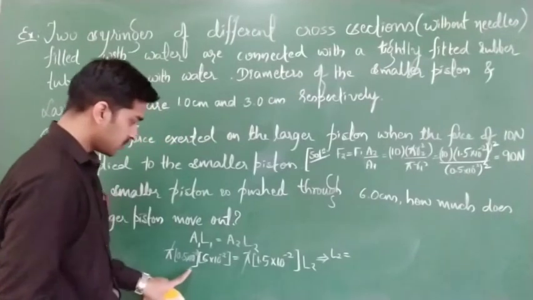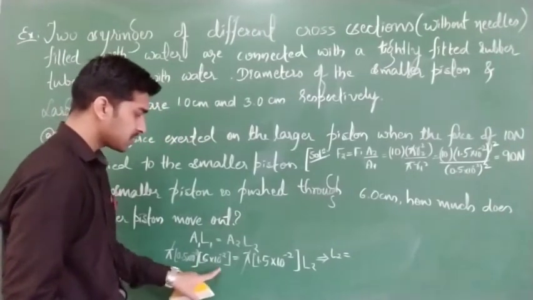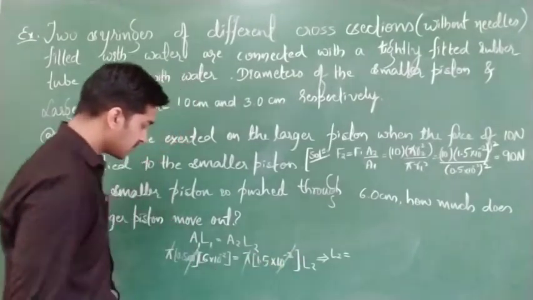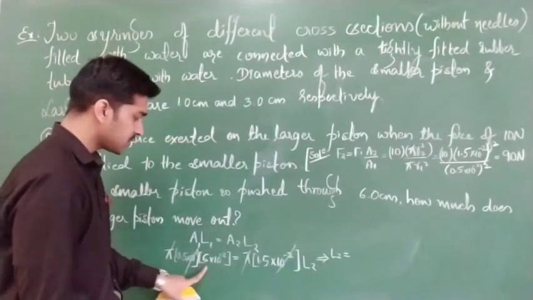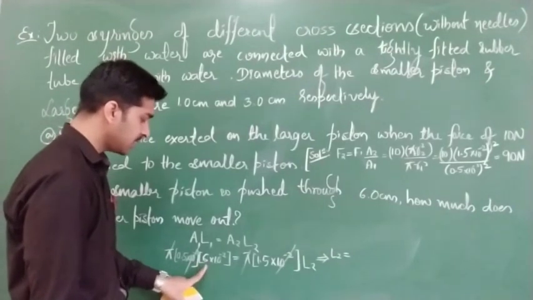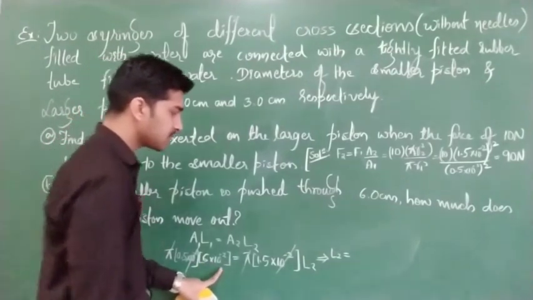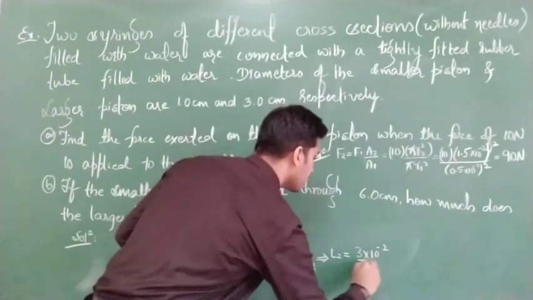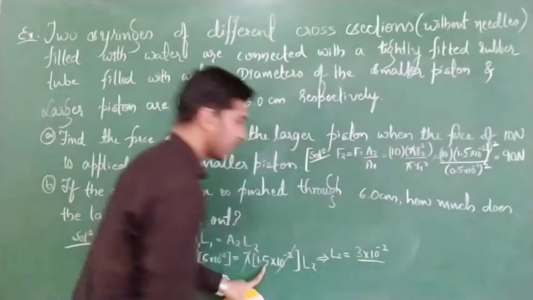Clear? So just check here, 10 to the power of minus 2 will get cancelled over here. So what is remaining? 0.5 into 6. Clear? 0.5 into 6 will become what? 3. 3 into 10 to the power of minus 2 whole divided by 1.5.